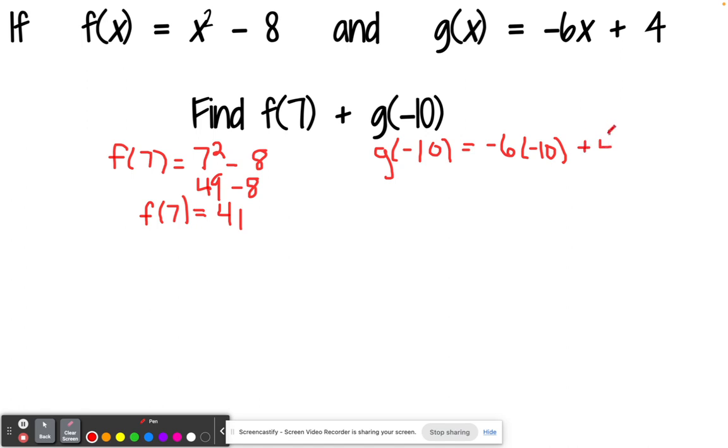Well, negative 6 times negative 10 is a positive 60 plus 4. So g of negative 10 is equal to 64.